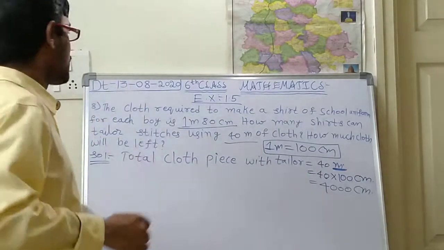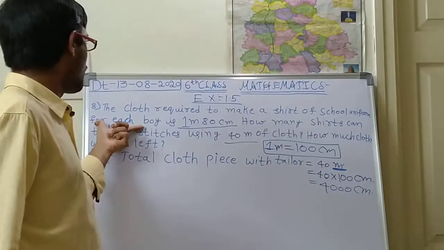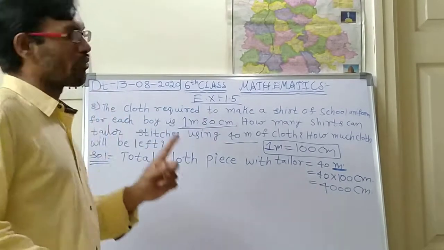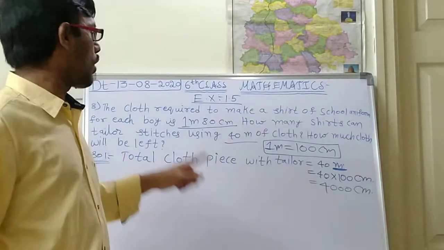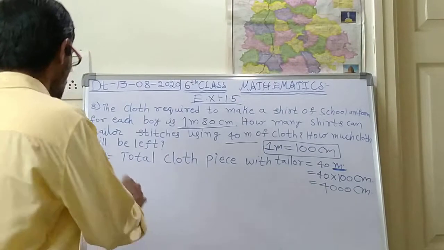Now the second step. The cloth required to make a shirt of school uniform for each boy is 1 meter 80 centimeters. To prepare one shirt, how much cloth is required? 1 meter 80 centimeters.